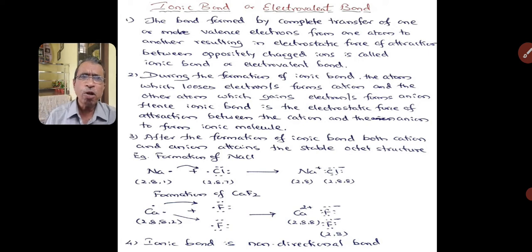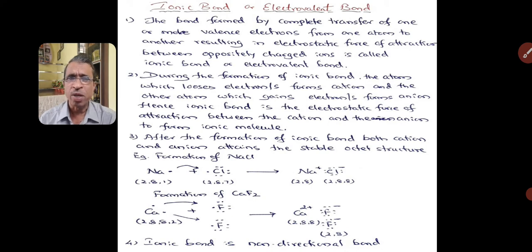In the formation of calcium fluoride, the electronic configuration of calcium is 2,8,8,2. It contains 2 electrons in the valence shell, and each electron is given to each fluorine atom. As a result, calcium attains argon configuration and fluoride ion attains neon configuration.